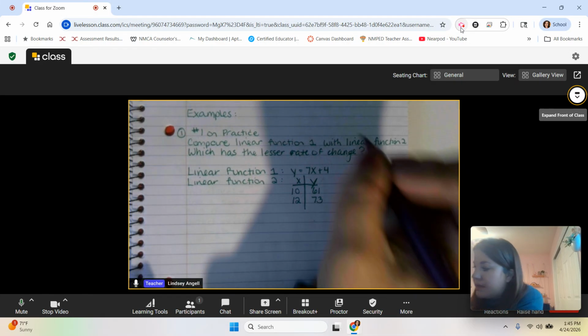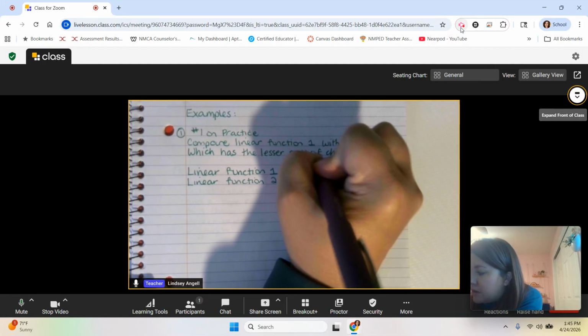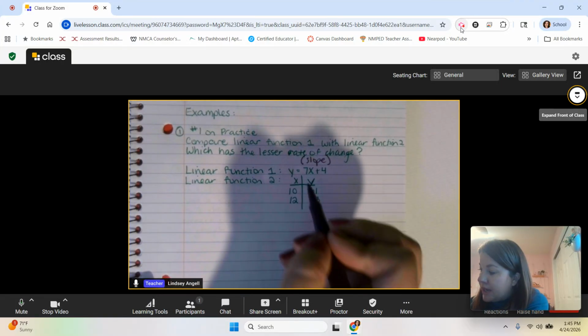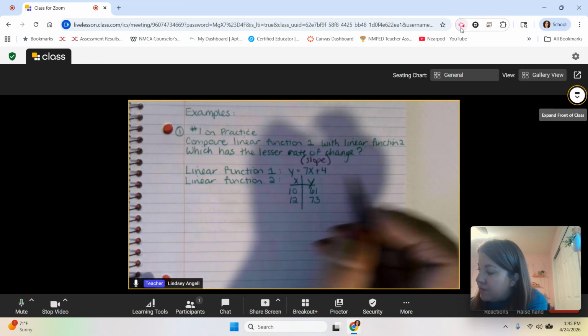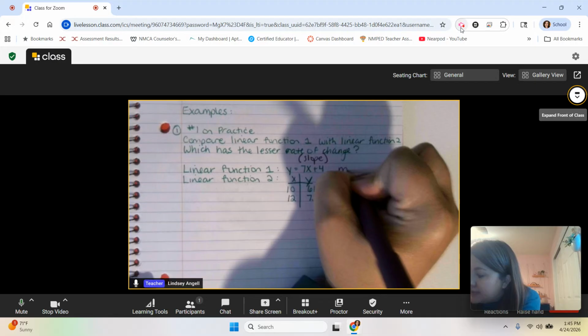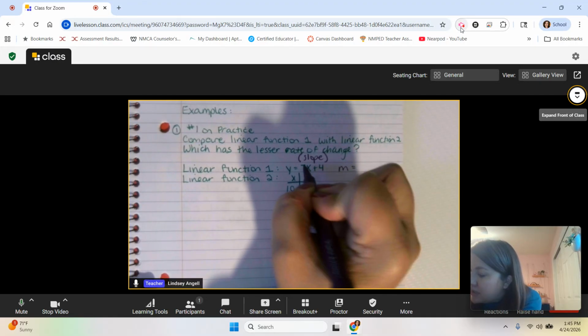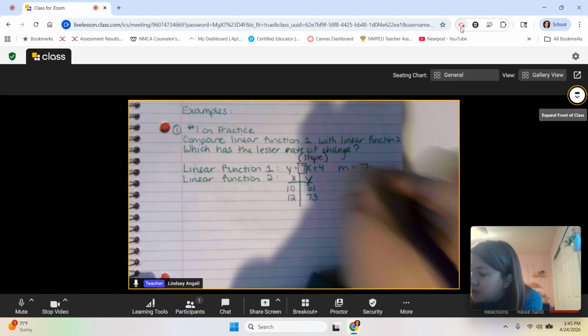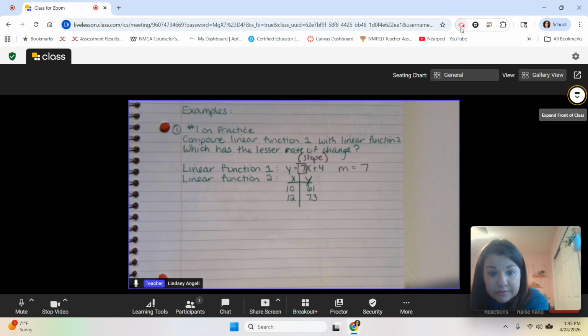We know that the rate of change is also known as the slope. So I need to find the slope in each. Now, with this first one, with linear function 1, that's really easy because it's already in slope-intercept form. So this number here, that's our slope. Done. All right?